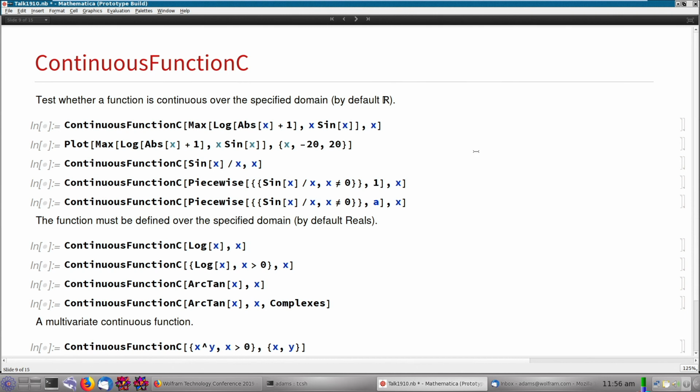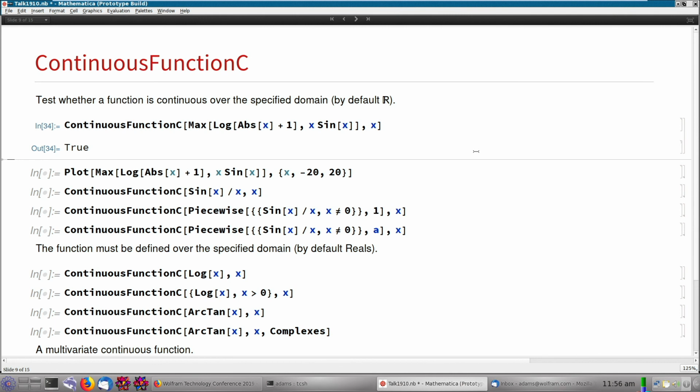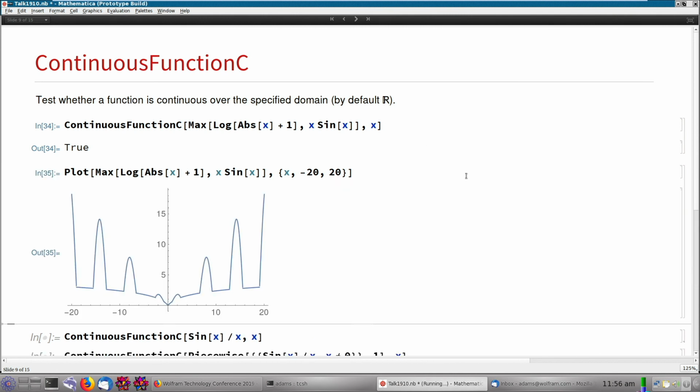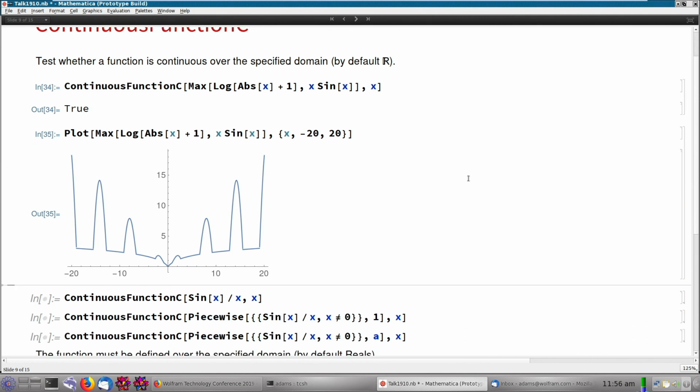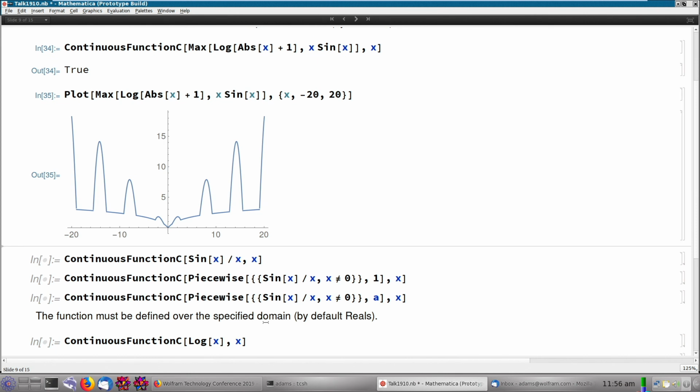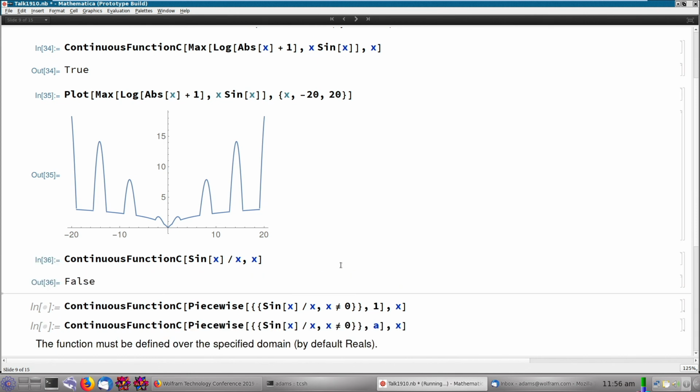This will test whether a specified function is continuous. So here is this function. One point to make is that it's not continuous in the sense that it can be extended, but the actual expression we give is what is tested, so sine of x by x is not continuous at 0 because we don't define what it is at 0 if we just say sine of x by x.